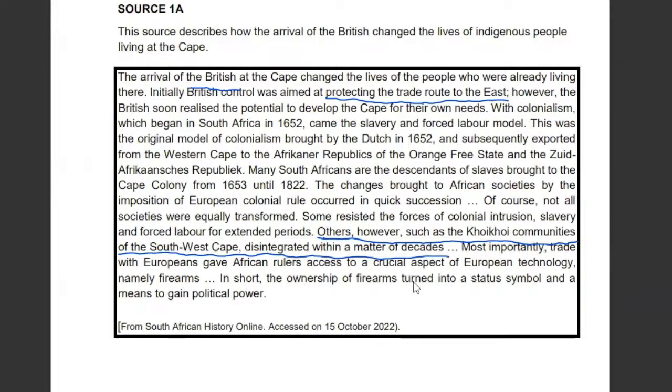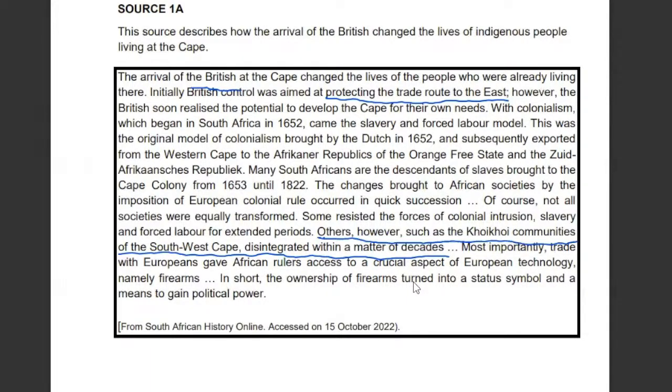Because of colonialism, the Khoi communities became disintegrated. They were no longer united. They were spaced apart, no longer united as one, a distinct group. They became disintegrated because of the impact of colonialism by the British.